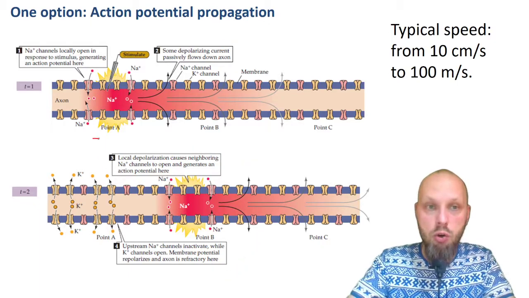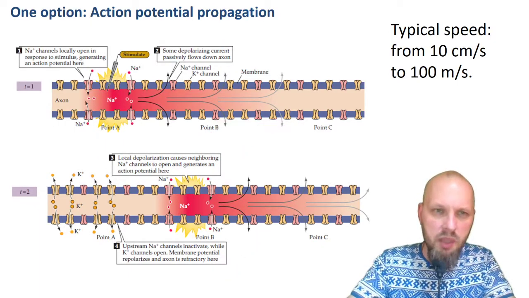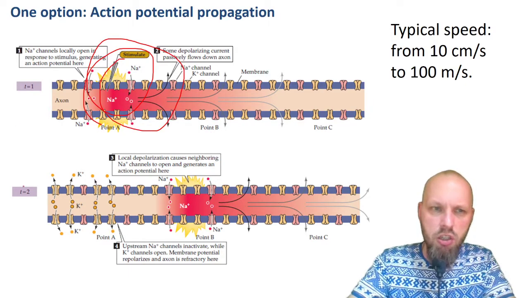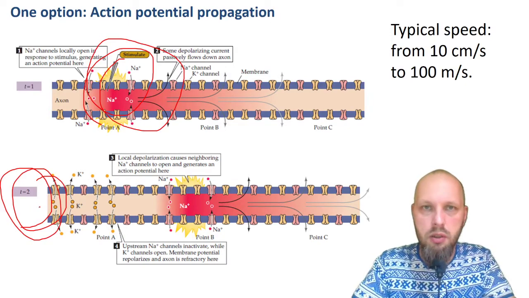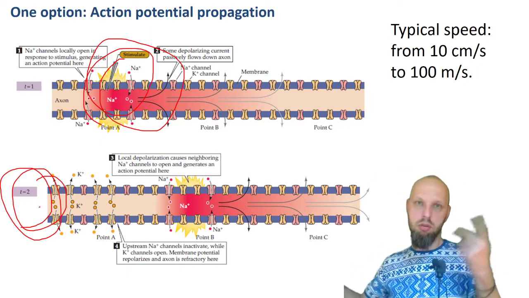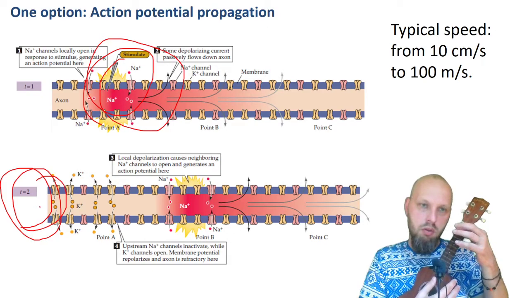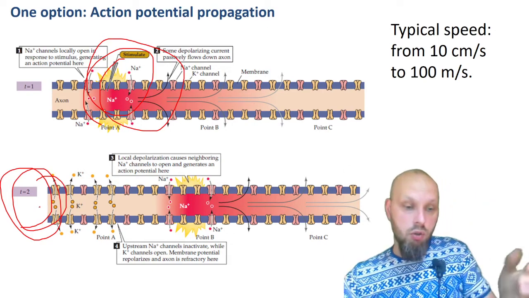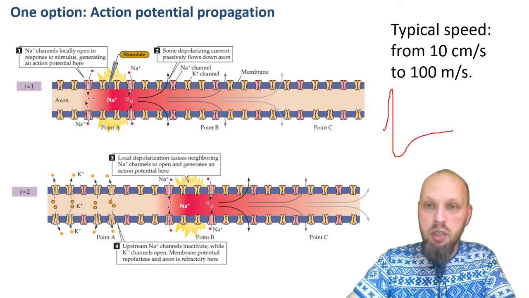And it always goes in one direction, not in two directions. Why? Why doesn't action potential here cause an action potential backwards and not just forward? What do you think? Why only one direction? Because you remember how action potential works? It goes up and then it goes down and then it recovers.